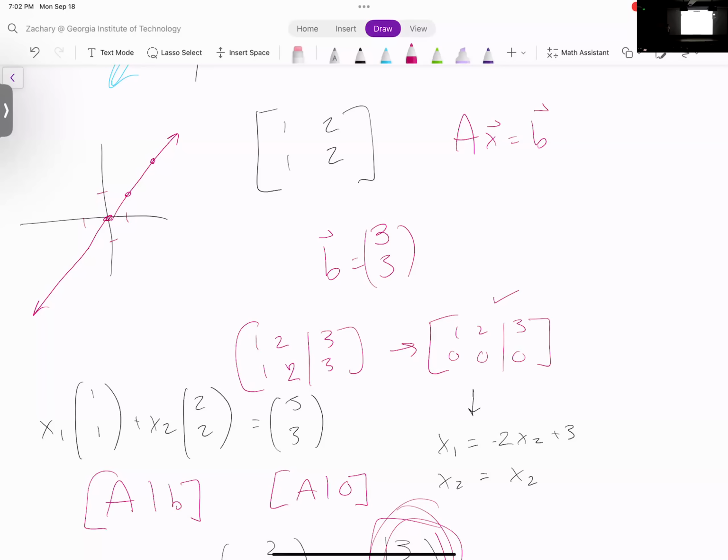Say that again. Yes, you're not going to have to do it. Generally we're talking about pivots. Are we also considering the solution column as a pivot? For example, an augmented matrix like 1, 2, 3, 0, 0.